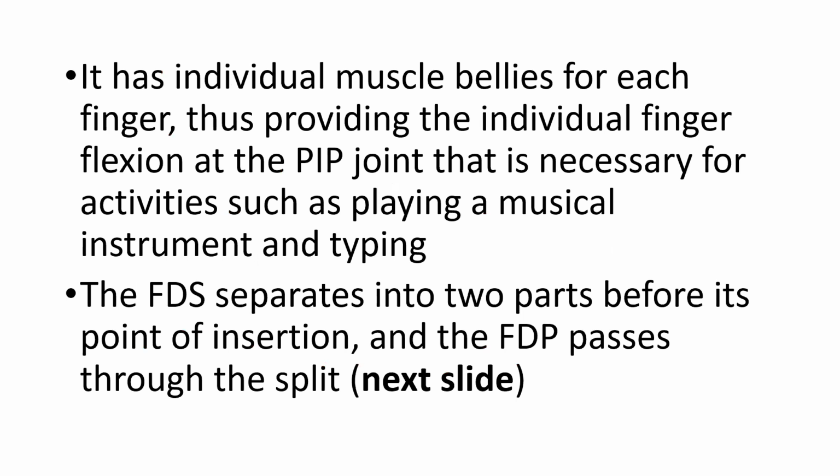It has individual muscle bellies for each finger, thus providing the individual finger flexion at the PIP joint that is necessary for activities such as playing a musical instrument and typing. The flexor digitorum sublimis separates into two parts before its point of insertion, and in between them passes the tendon of the flexor digitorum profundus.